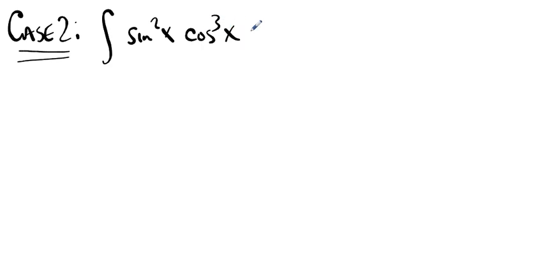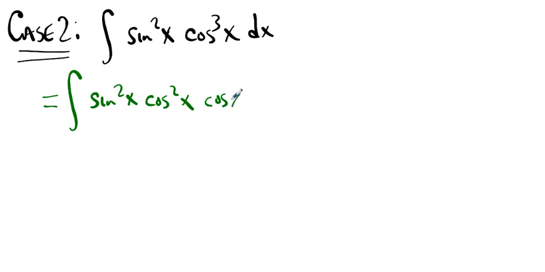In case 2, remember, case 2 was that m is even and n is odd, so something along these lines: m is even, n is odd. And so you're thinking, well, I can do this. The technique said that I'm supposed to break off a cosine x.